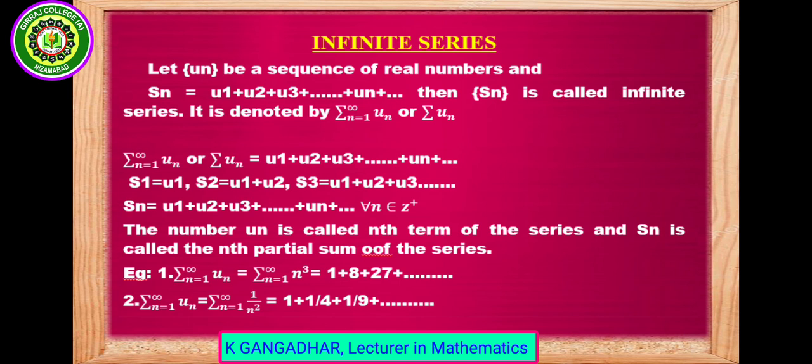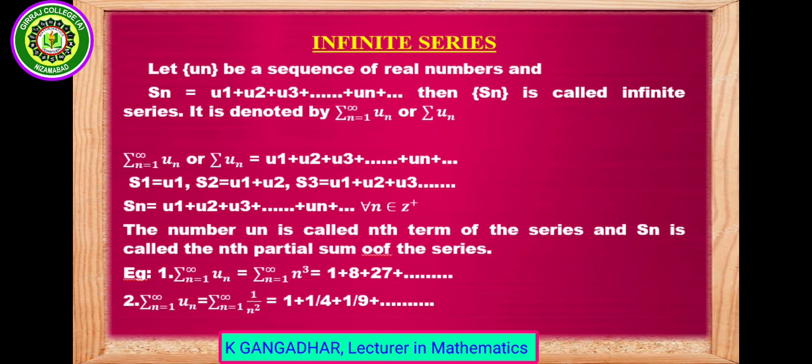Here we write summation, which means sum of the terms. So sigma Un means sum of infinite terms of Un. Sigma n cube means 1 cube plus 2 cube plus 3 cube plus 4 cube plus so on.